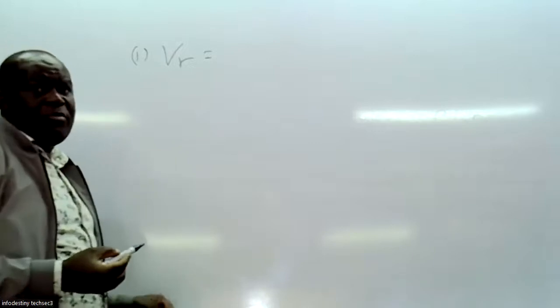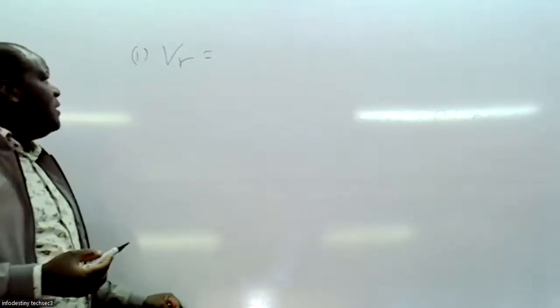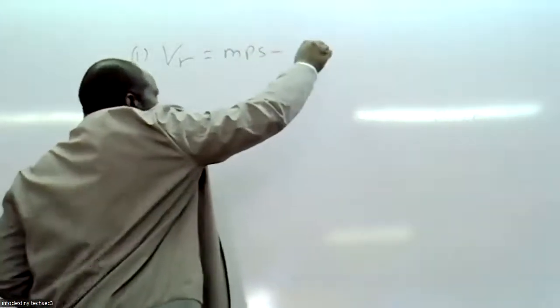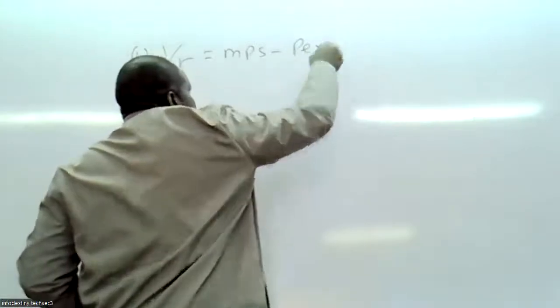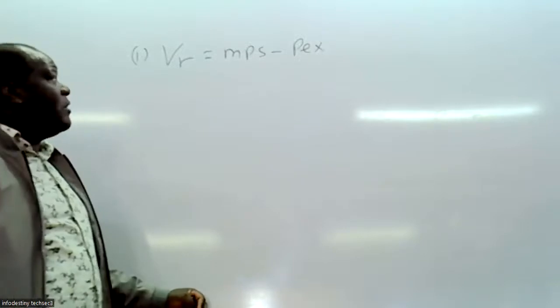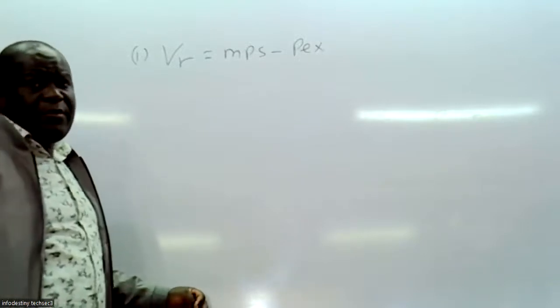There are three ways we can compute the value of the right. One formula on how to compute the value for the right: it will be equal to market price per share minus theoretical ex-right price.